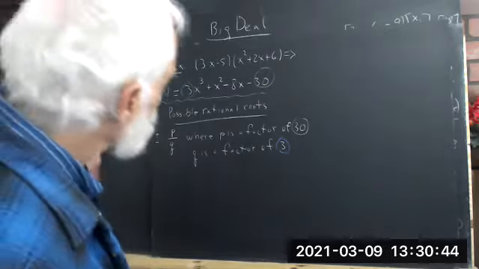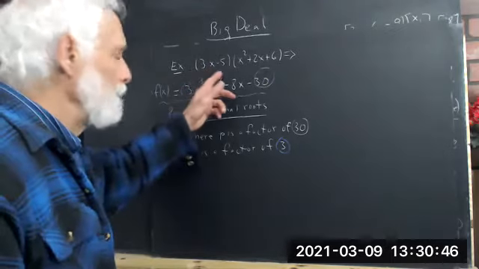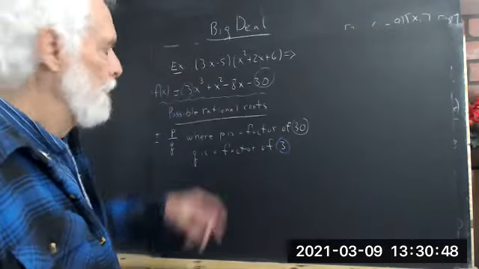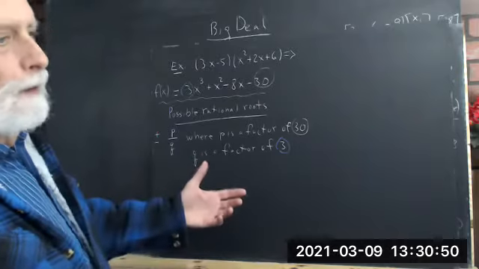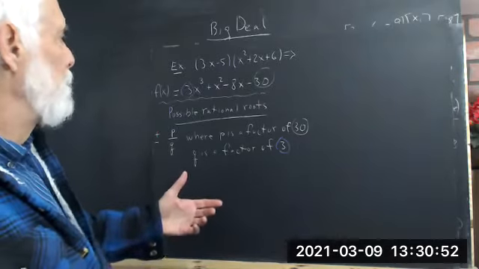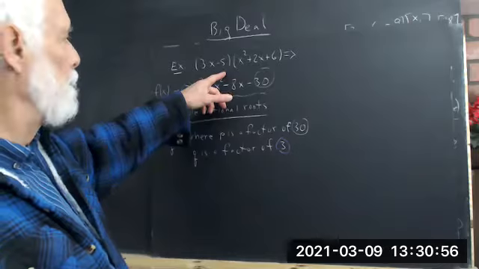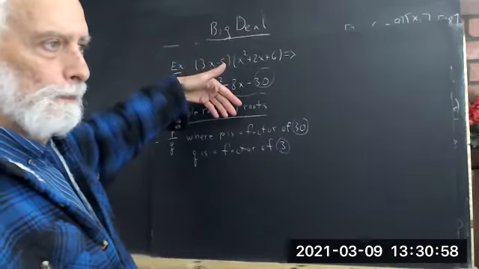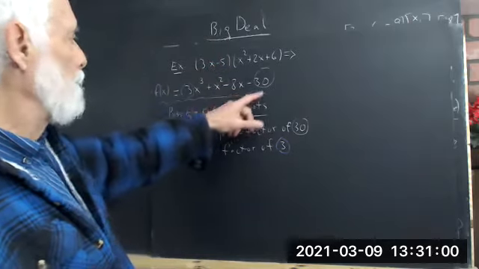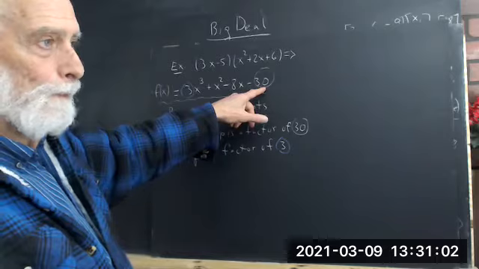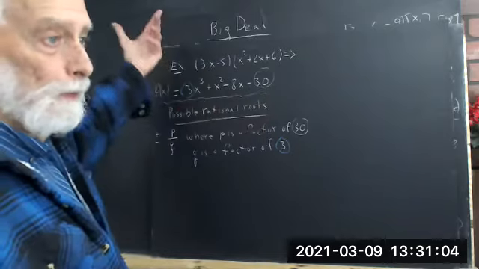If this thing is going to have a linear factor, well, you see that the linear factor, if you set 3x minus 5 equal to 0, you're going to get 5/3. And the 5 is a factor of 30, and the 3 is a factor of 3.